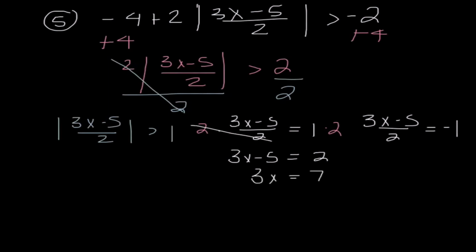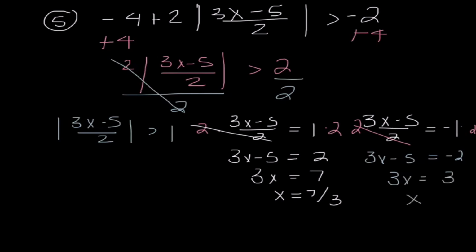So 3x is equal to 7, so x is 7/3. On the other side, I'm going to do that same exact first step. So I get 3x minus 5 equals negative 2. So 3x is equal to positive 3, and x is equal to 1.